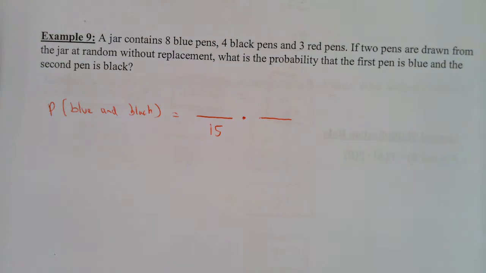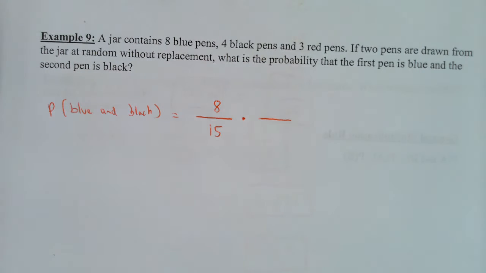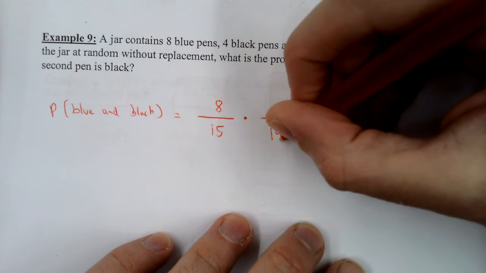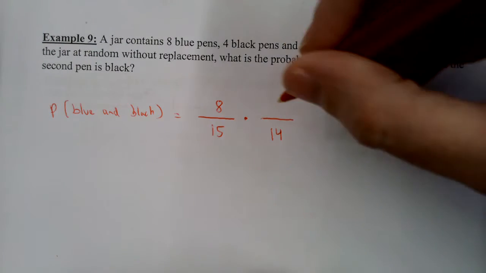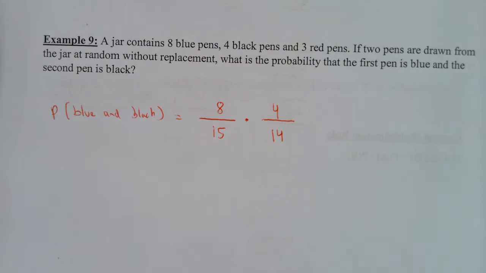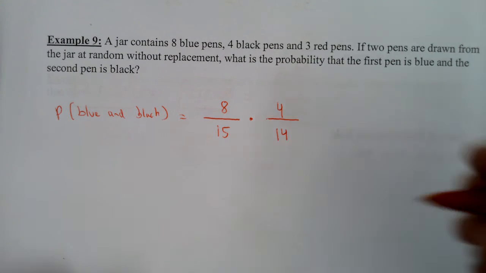The chance of getting blue is 8 out of 15 because there's 8 blue pens. And now the idea is you take that pen out and you leave it out, so now there's only 14 pens left to choose from. And the probability of getting black on the second try would be 4 over 14 because there's 4 blacks. Multiply those together, you get 32 over 210.